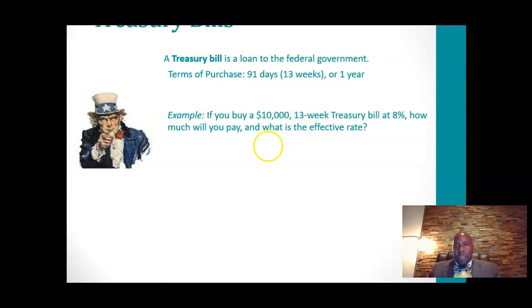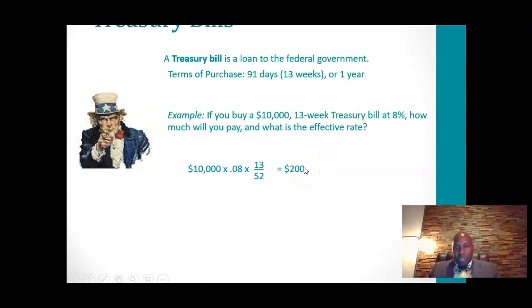You're going to pay the amount for the Treasury bill less the interest for this 13-week time period. So interest is still principal times rate times time: the $10,000, the 8%, the 13 weeks out of 52 weeks. You can put that in its lowest terms as 1/4. So the interest on the Treasury bill will be $200.